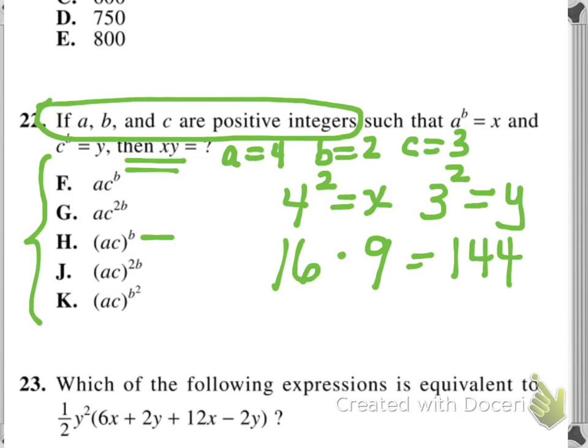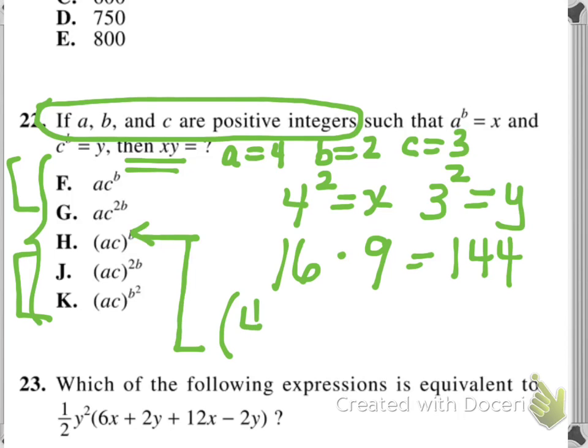My helpful hint to you is always start with the middle choice. Normally the ACT has these lined up from least to greatest, so if this one's too much, we can pick something smaller. If it's too large, we can pick something larger. Let's try this and see what happens. This one says AC in parentheses to the B power.